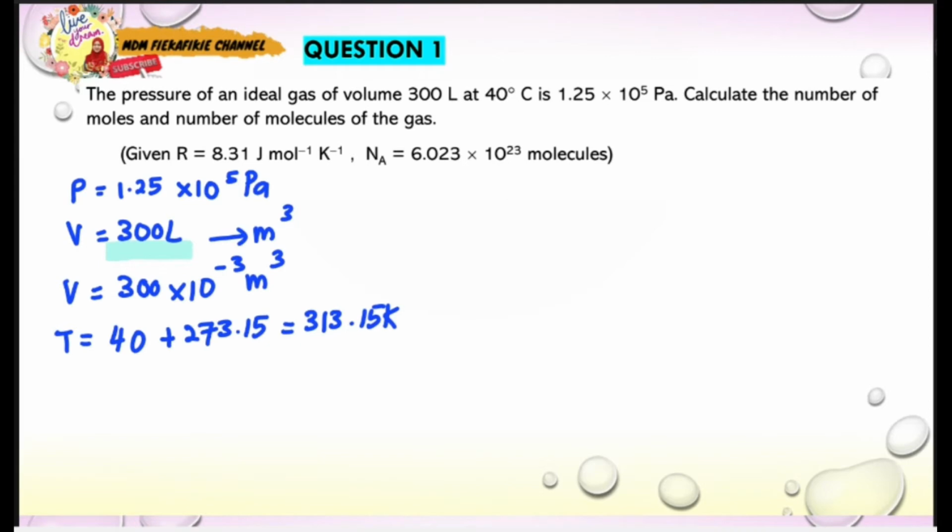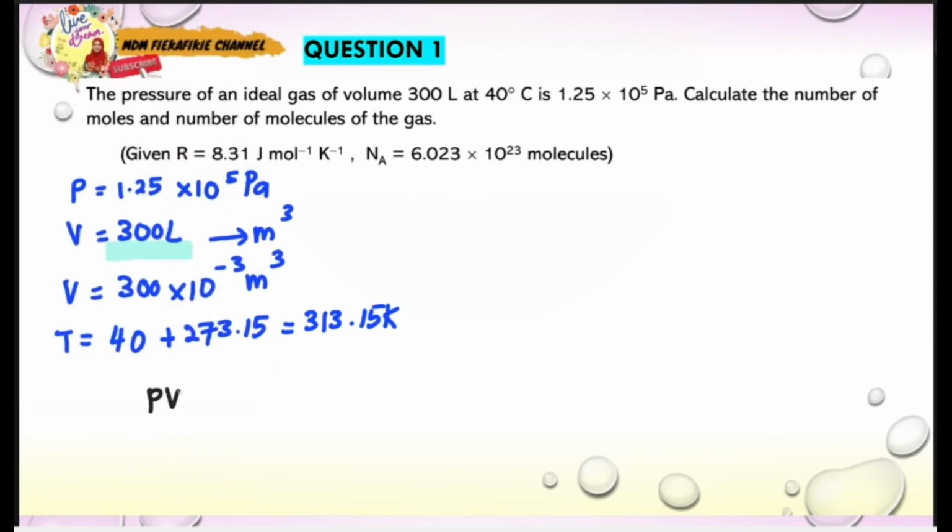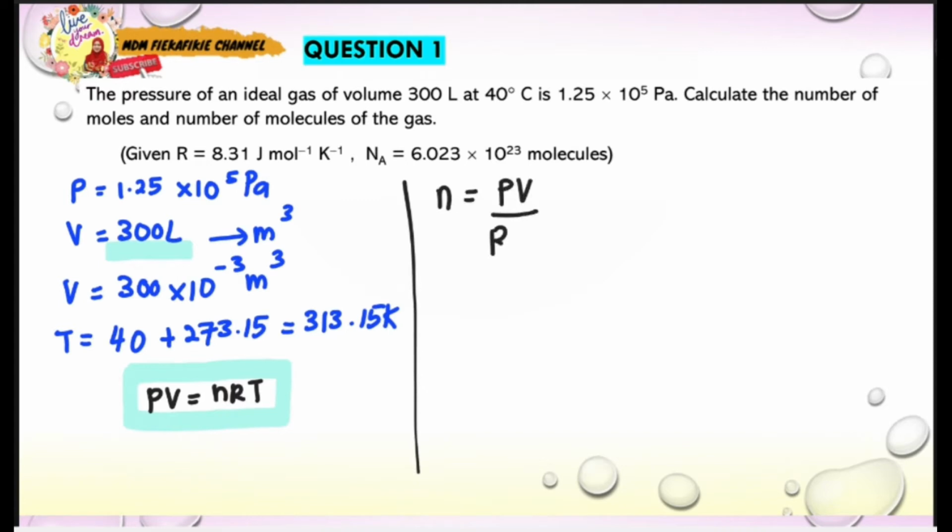Now I'm using the equation PV is equal to nRT. We will use this equation, and we want to find the number of moles, which is n. So n is equal to PV over RT.